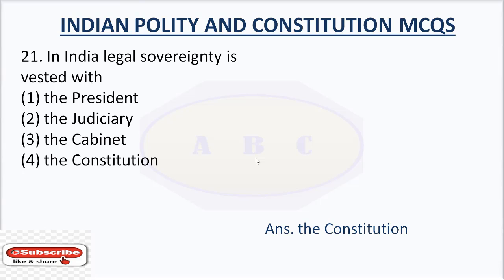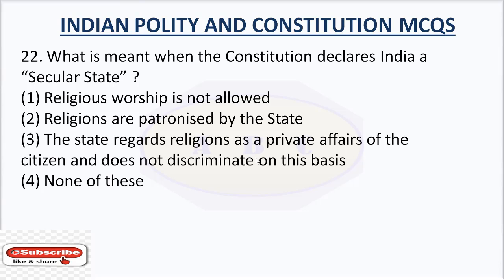This power may be vested in one person or a body of persons. It may be a king or dictator or parliament. Legal sovereignty is organized and reorganized by constitutional law.